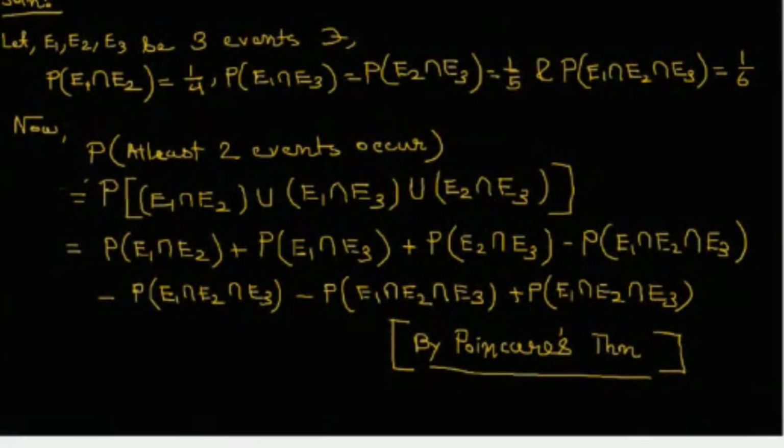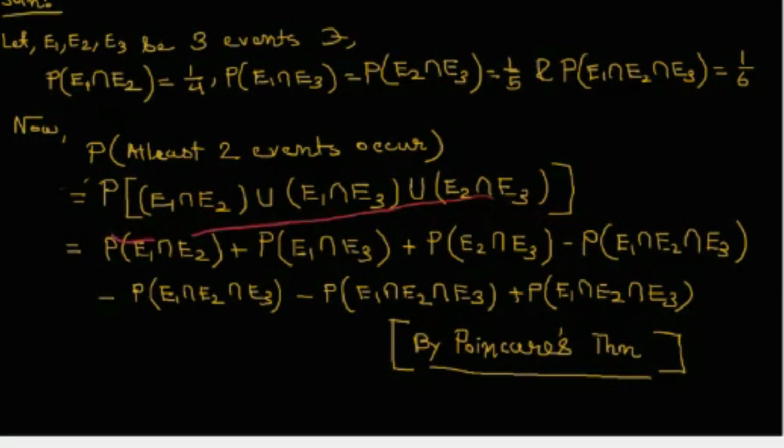Here we are given that E1, E2, E3 are 3 events such that their respective probabilities are given. Now, the probability that at least 2 of the events occur is the probability that either E1 and E2 will occur, or E1 and E3 will occur, or E2 and E3 will occur; at least one of them will occur. Therefore, it becomes the probability of (E1 intersection E2) union (E1 intersection E3) union (E2 intersection E3).